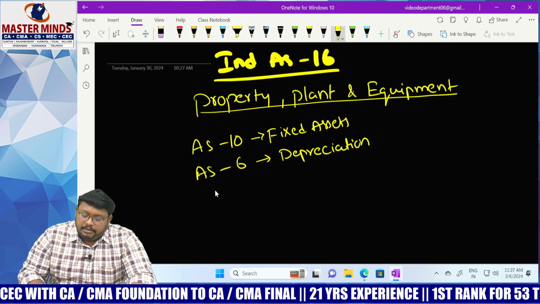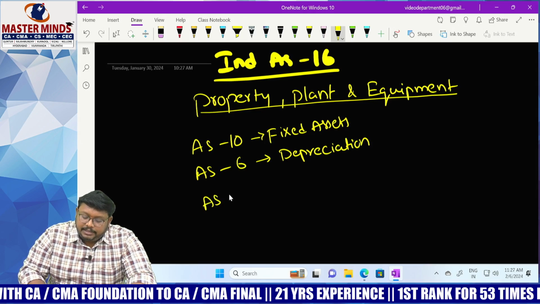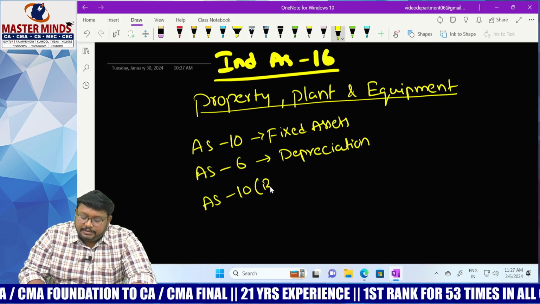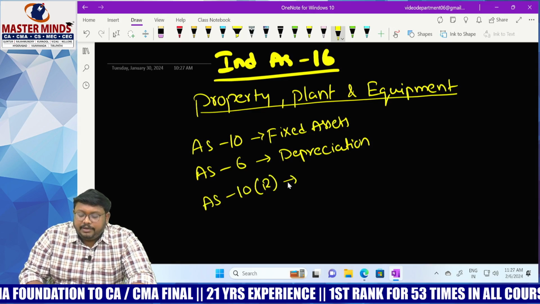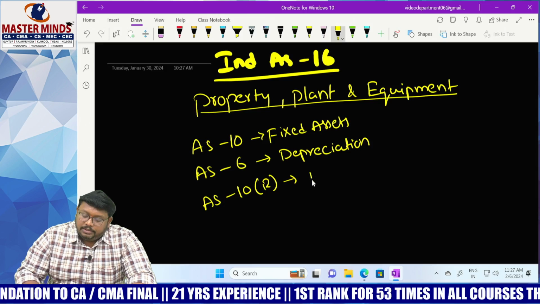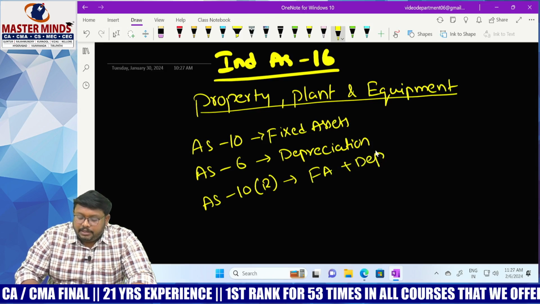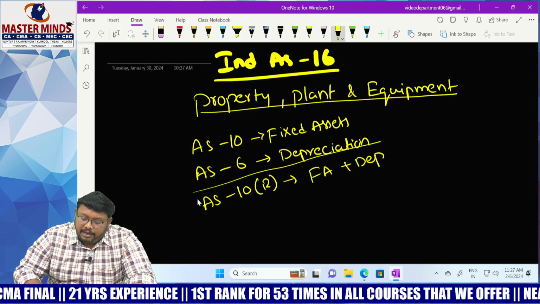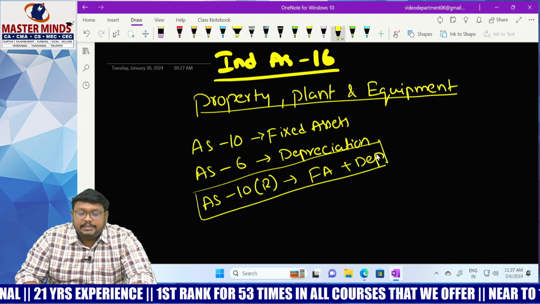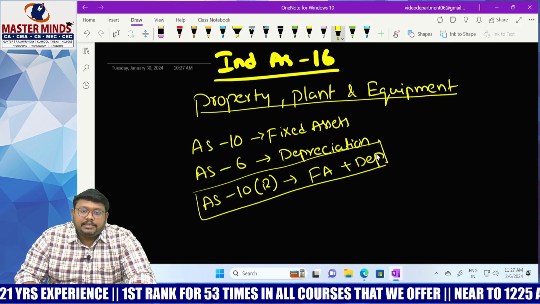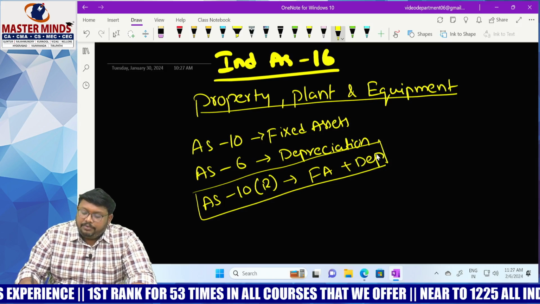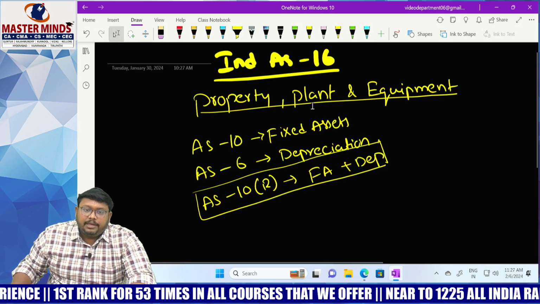Then they released Accounting Standard 10 revised, which is inclusive of fixed assets as well as depreciation. So as per the revised AS 10, we have fixed assets and depreciation together. And now we are going to discuss property, plant and equipment.